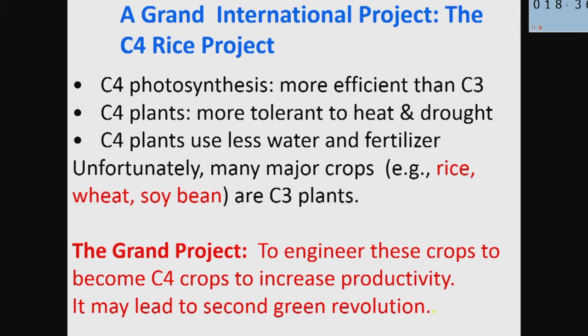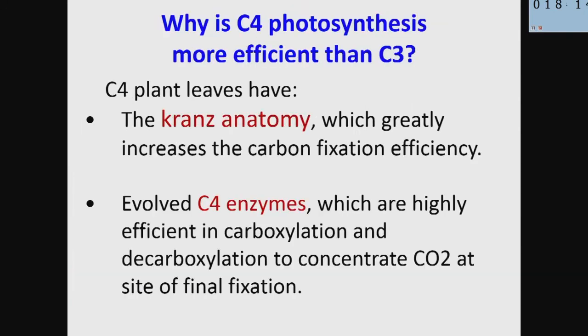Unfortunately, many major crops like rice, wheat, and soybean are C3 crops. So the idea is that if we can engineer these crops into C4 crops, we can increase our productivity. And this might lead to a second green revolution.